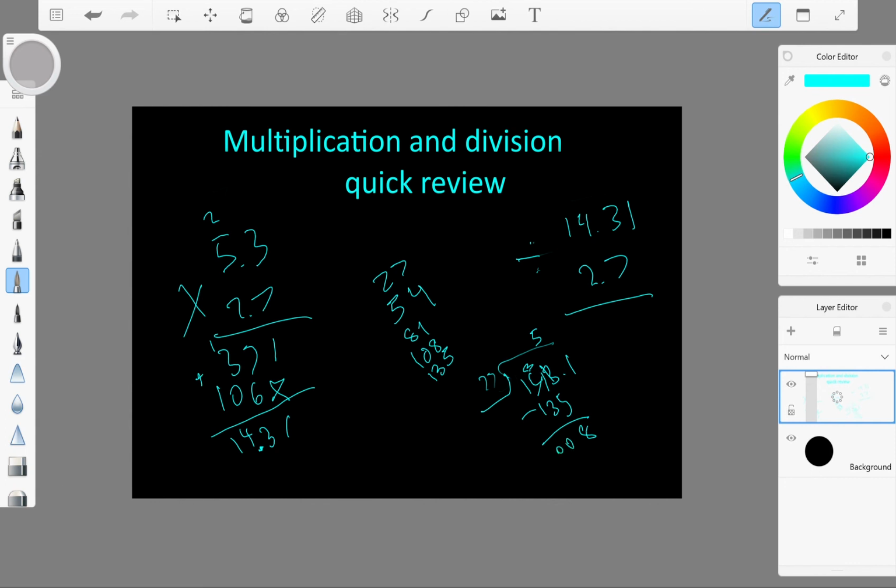You have to have a decimal here; the decimal just pops right up above, so you put your decimal right there, and then you drag the 1 down. 81 divided by 27 is 3, so minus 81, you get 0, and bam, 5.3, just like we saw over here.